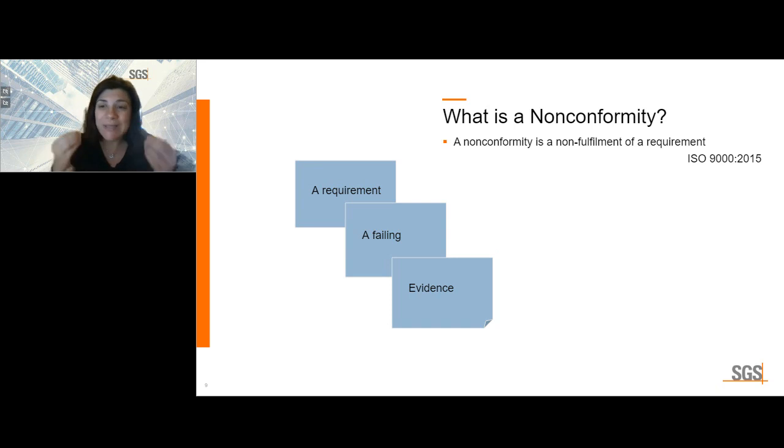So you have to really think about what that issue or event is that's been presented, and analyze it. Is it breaking any rules in terms of regulatory? Does it break any rules in terms of certification? Does it break any rules in terms of our clients and us meeting their requirements? Or does it break any of our internal rules? You need to be able to specify exactly what it is that we are non-conforming to.